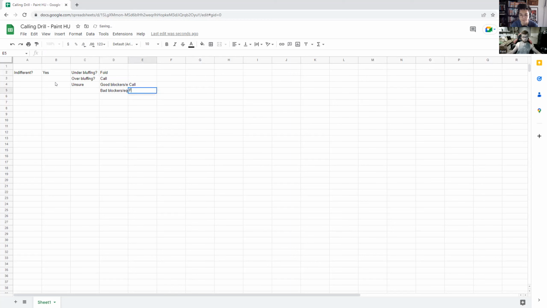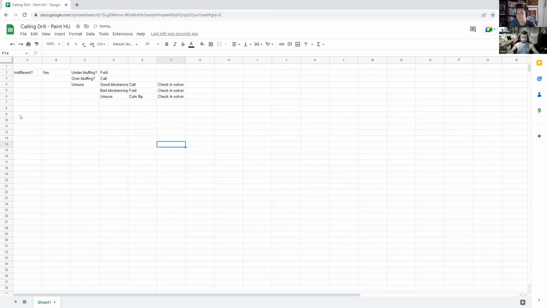Good blockers, fold. Unsure, coin flip. Okay, and then here at every stage you check in the solver, right? Mhm.